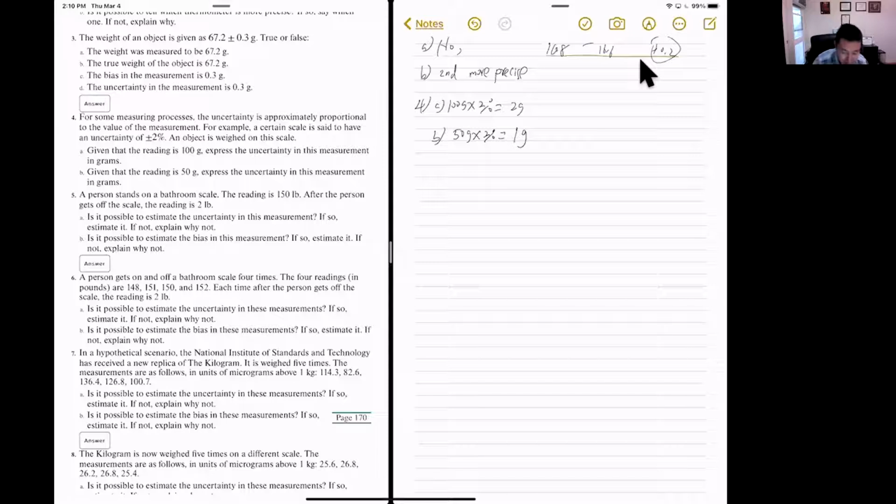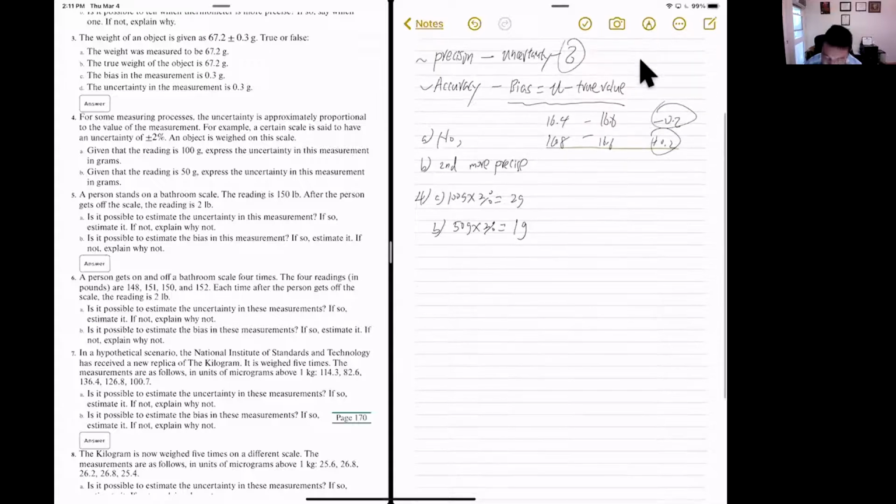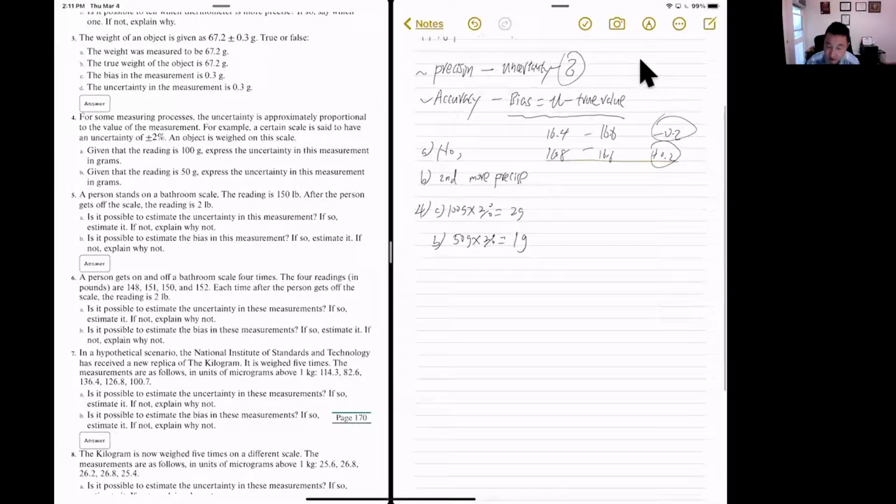Part A: is it possible to estimate an uncertainty in this measurement? Uncertainty is judged by sigma.